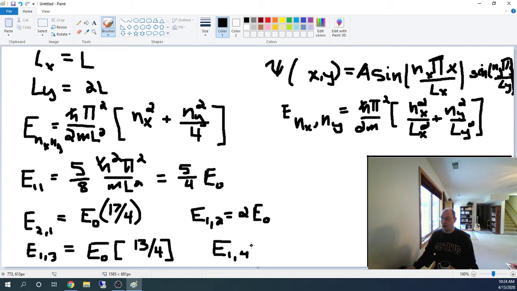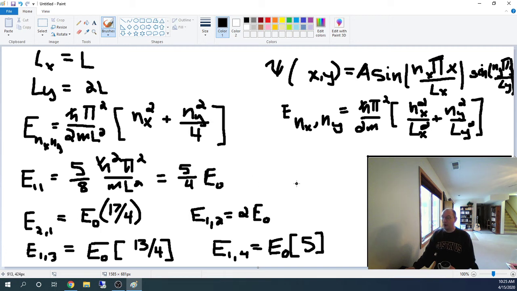We should check that one. That's going to be E0 times, well, let's see what's in our brackets. So we got 4, so we square that. 4 squared is 16 over 4, so it's 1 plus 4, that looks like 5. Okay, so this is bigger.